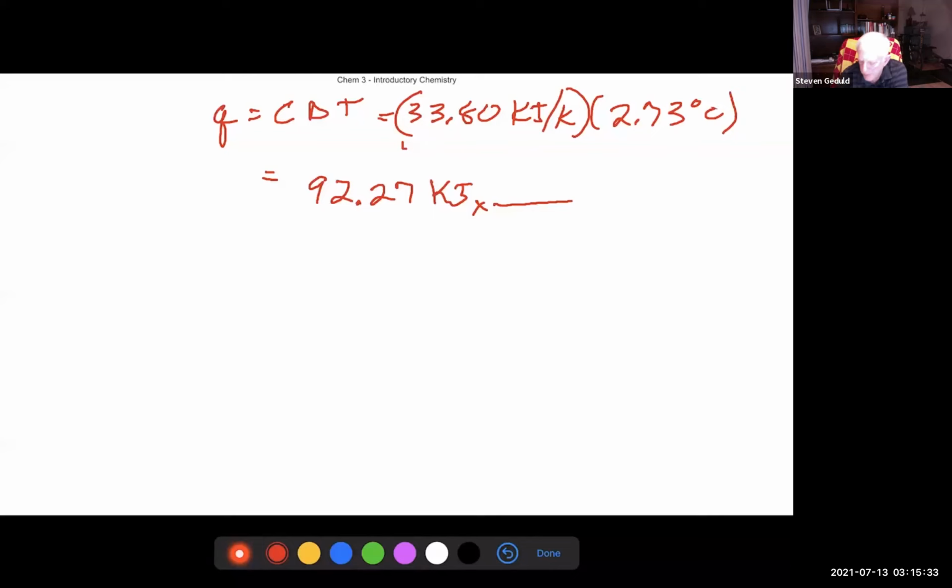So 1 kilojoule, looking this up, is the same thing as 0.239006 kilocalories.